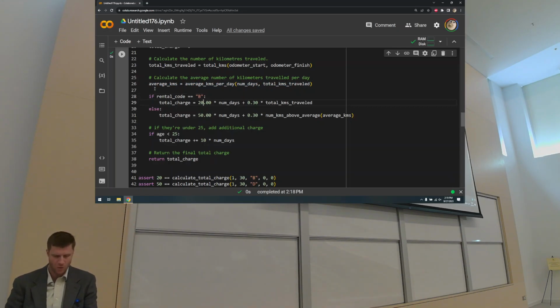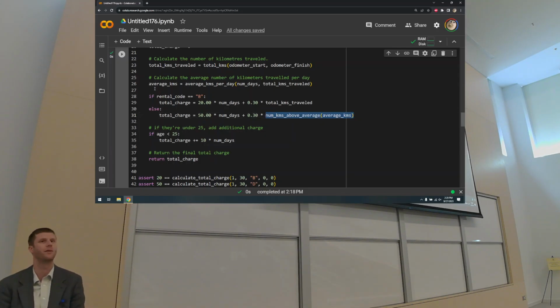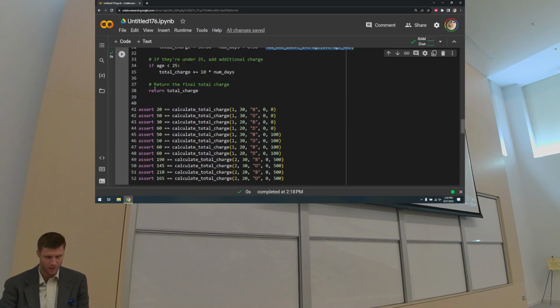If it's rental code B, it's 20 times number of days plus 30 cents times total kilometers traveled, else 50 times number of days, 30 cents times the result of this. Maybe I should have saved this in a separate variable, but whatever. I've got a bunch of tests, that's all.